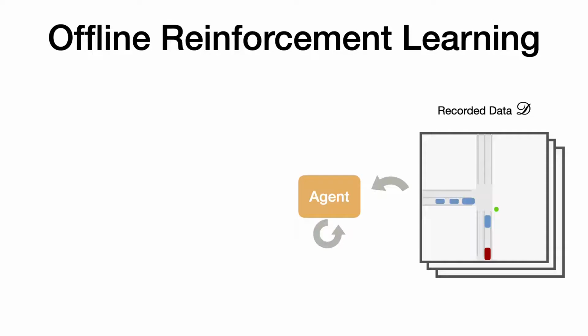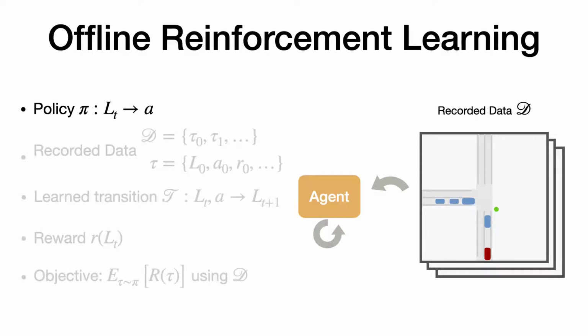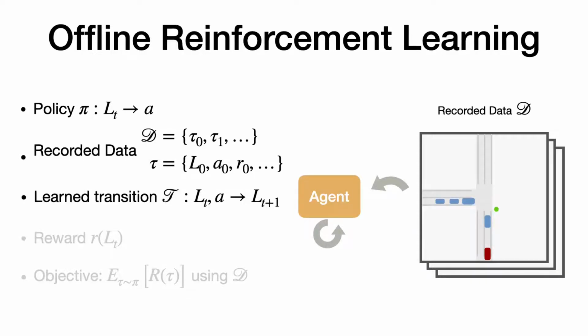Offline reinforcement learning addresses this shortcoming and instead runs the algorithm on a pre-recorded dataset of offline driving logs. The overall setup is very similar to imitation learning. We use an offline dataset, but additionally learn the transition function from this offline data. This transition model learns to simulate the world forward and replaces the active exploration of reinforcement learning.